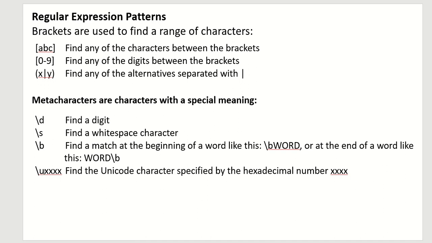Slash u and then xxxx will find Unicode characters specified by the hexadecimal number. And capital D is the reverse of this, capital S is the reverse, capital B is the reverse. That means capital D means non-digit, and capital S means everything other than a white space character.